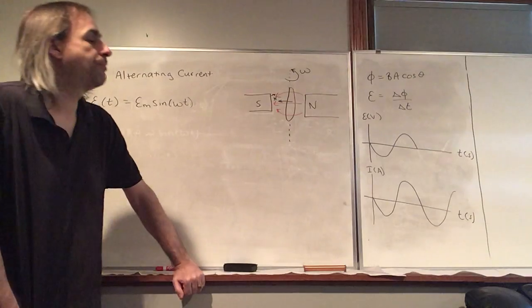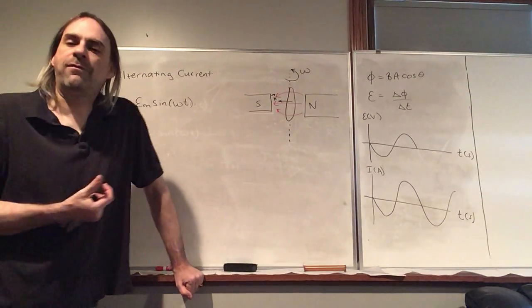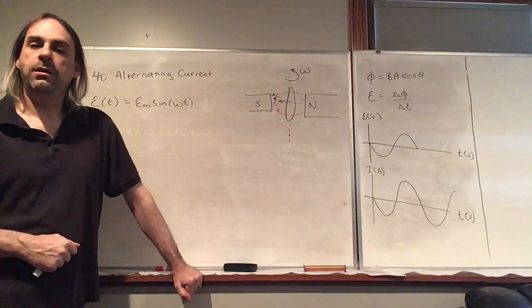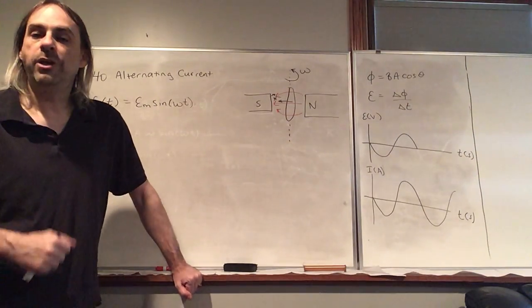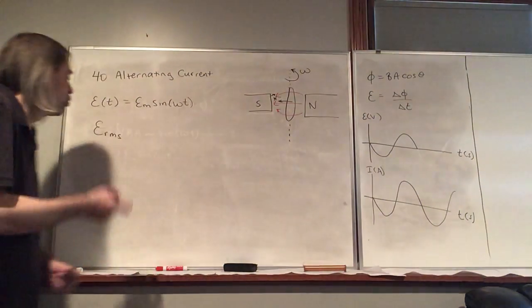So we defined an average where we squared everything, and then took the average, and then took the square root. That's what root mean square means.